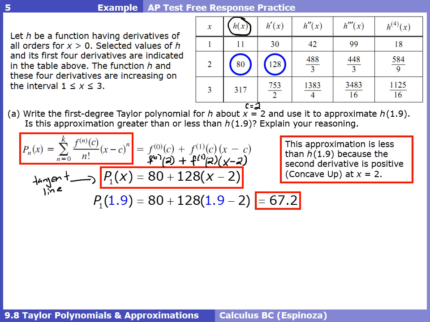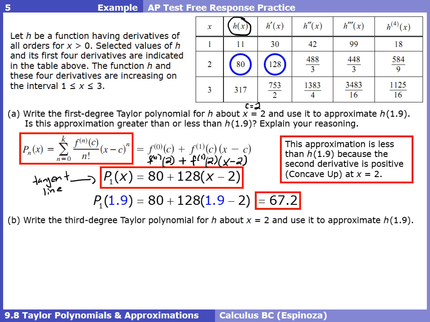Since we're looking at the value x equals 2, our approximation would be less than because the second derivative is positive. Our second derivative here is 488 over 3.